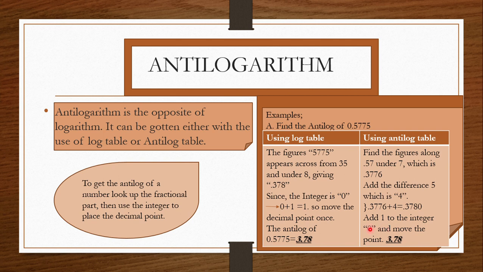So we are adding 1 to integer 0. That is 1. So if we move the point, it will be 1. That's moving the point here once. That's 3.78. That's our answer. So the antilog of 0.577 equals 3.78.